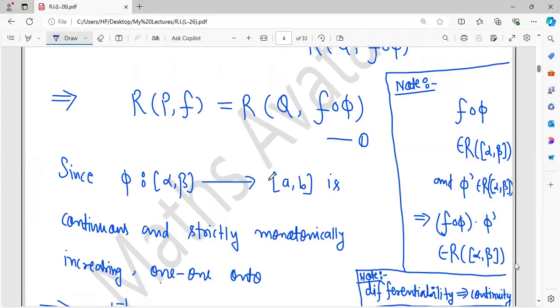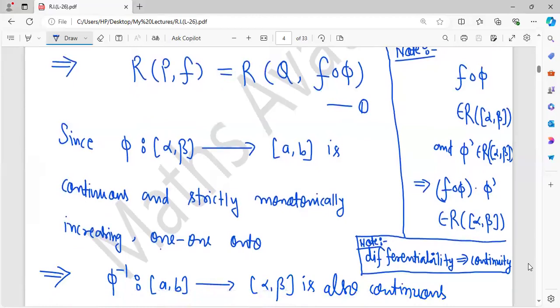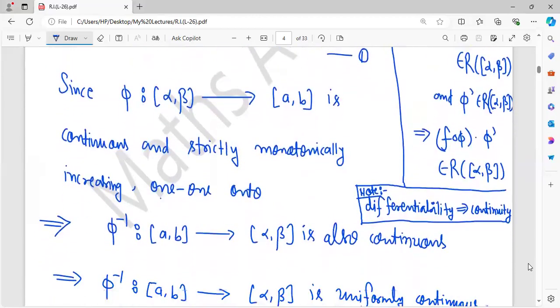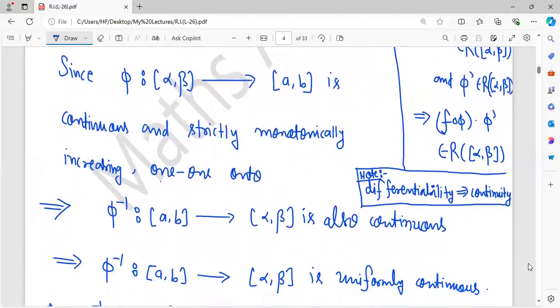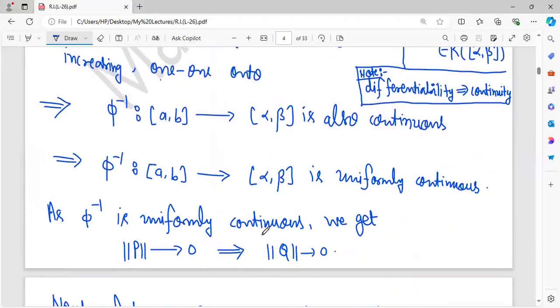Now if you have a continuous function on an interval that is monotonically increasing and onto, then the inverse is also continuous. So we have that φ inverse is continuous here. And we know that every continuous function on a closed interval is uniformly continuous, so therefore φ inverse is uniformly continuous.